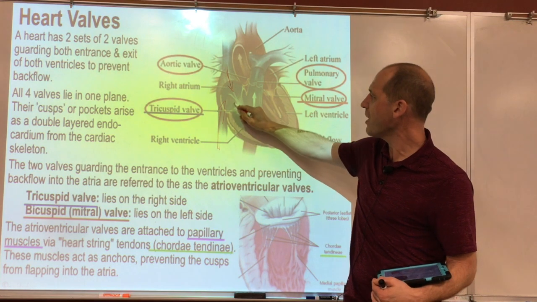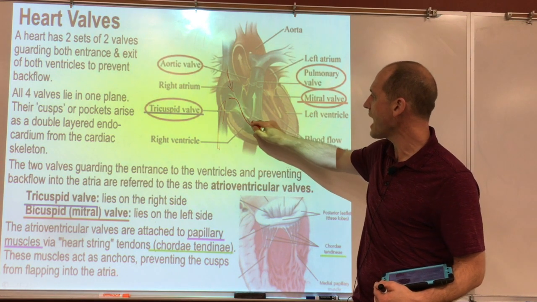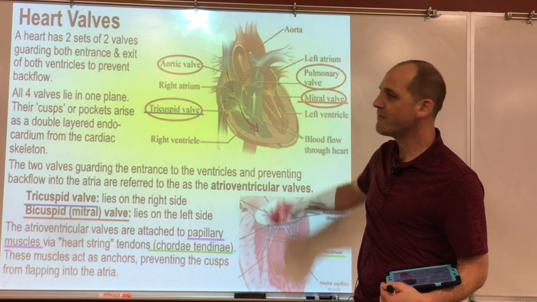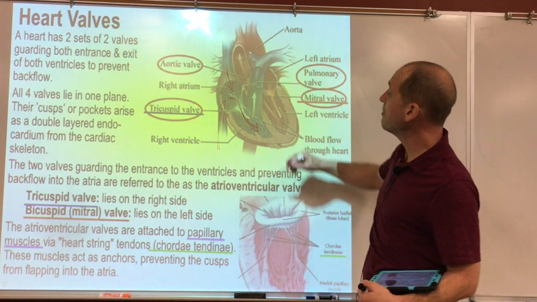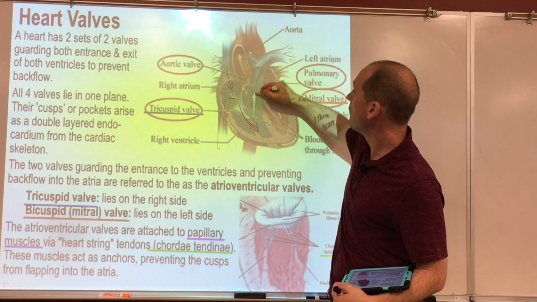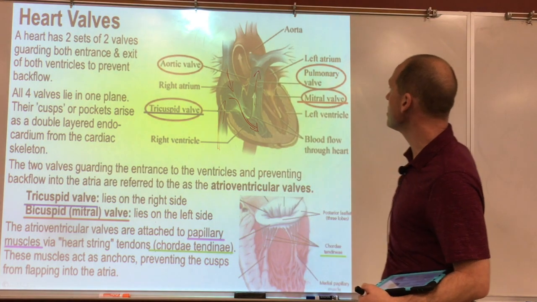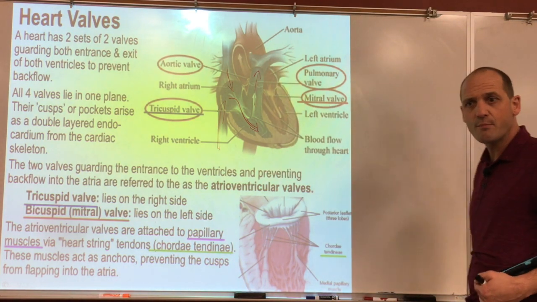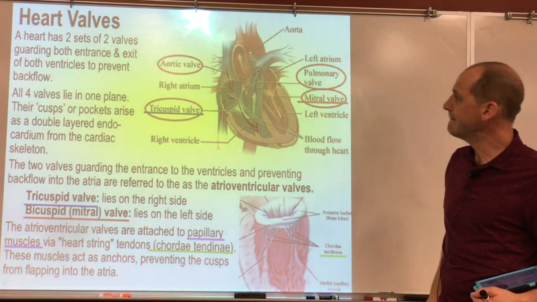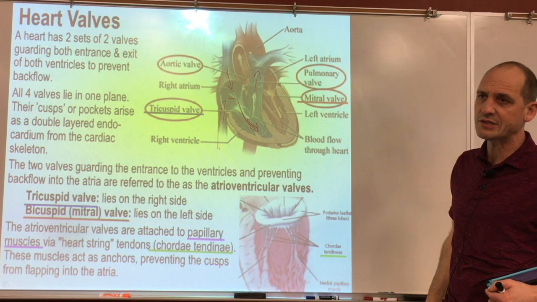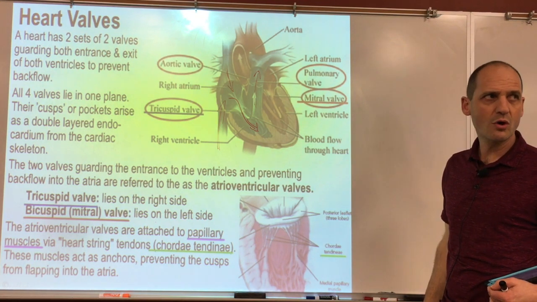From there that blood will flow down into the right ventricle. And then from there the blood goes into what we're going to learn as the pulmonary trunk. Again, pulmonary means lungs. So when you read pulmonary, you're thinking it's going to the lungs or coming from the lungs.